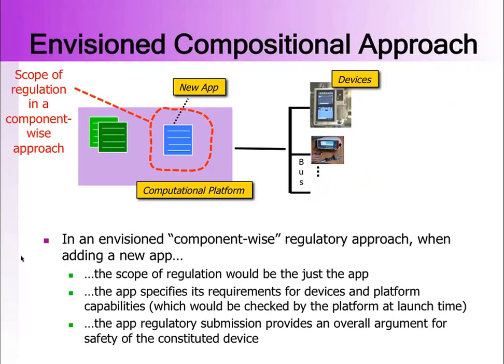You'd like the scope of regulation to just be the app, but the app, of course, would then need to have a number of properties, and the system would have to work with those properties. So, for example, the app would need to specify its requirements for the devices and platform capabilities. For those of you who are familiar with these types of systems, I'm talking about resources that the computational platform would have to provide, bandwidth requirements for moving the data, worst case execution time, and so forth of the app. And the app regulatory submission must also provide an overall argument for the safety of the constituted device.